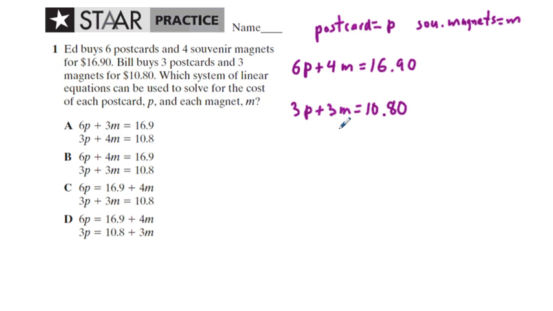And now we can just look at which one makes sense. Sometimes they mix these numbers. So we look for 6p plus 4m, could be B. Okay, that's the only place we see 6p plus 4m. And then we have 3p plus 3m equals 10.8. So B is our correct answer.